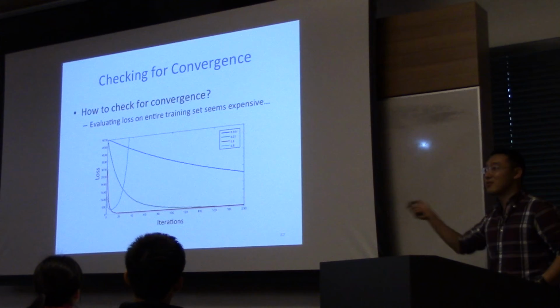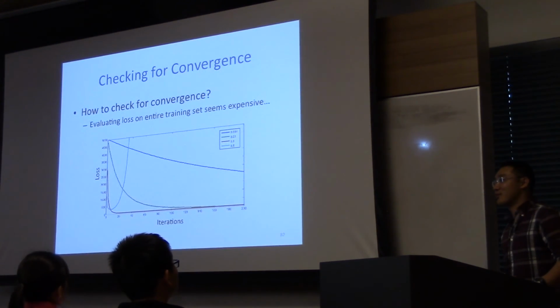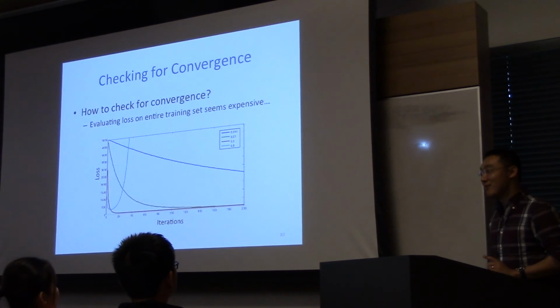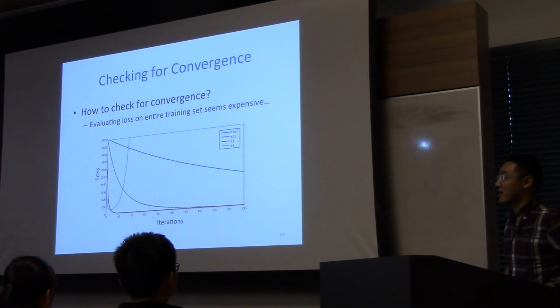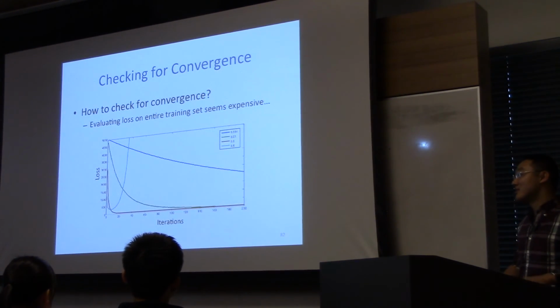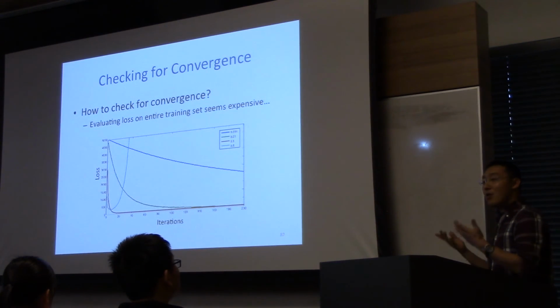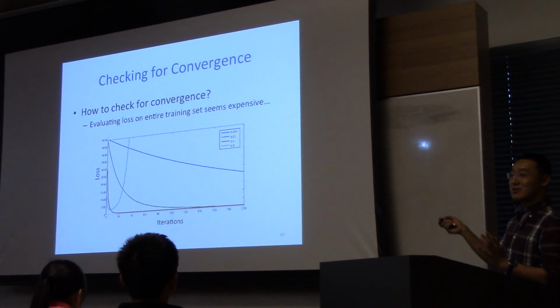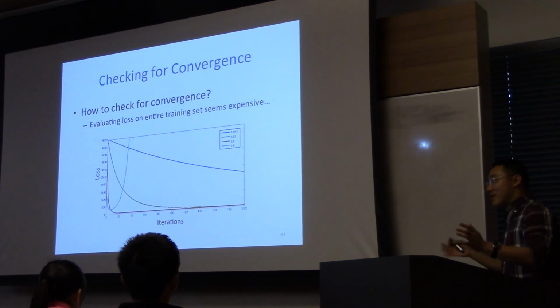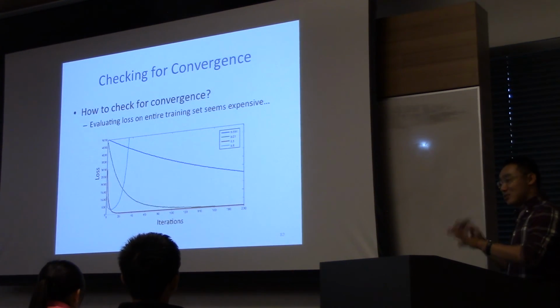Every point on this plot required me to do a full pass over training data. That's exactly what we're trying to avoid when doing stochastic gradient descent. But we still need to do convergence checking to see if we should stop in stochastic gradient descent. But we don't want to actually compute this, right? Even computing this knowledge of whether or not we're good, not even doing updates, is too expensive.